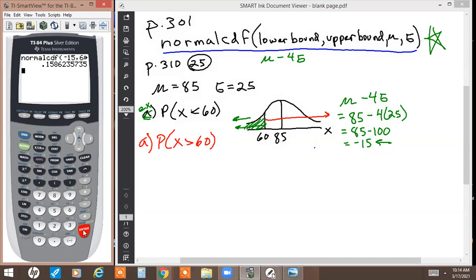So we're going to treat it like this. We know this whole thing has to add up to 1. So the probability greater than 60 is going to be 1 minus the probability that x is less than 60. Here's what you would actually have to do on the calculator if you were doing the actual problem the way they wrote it. So we want this red area here, all right?